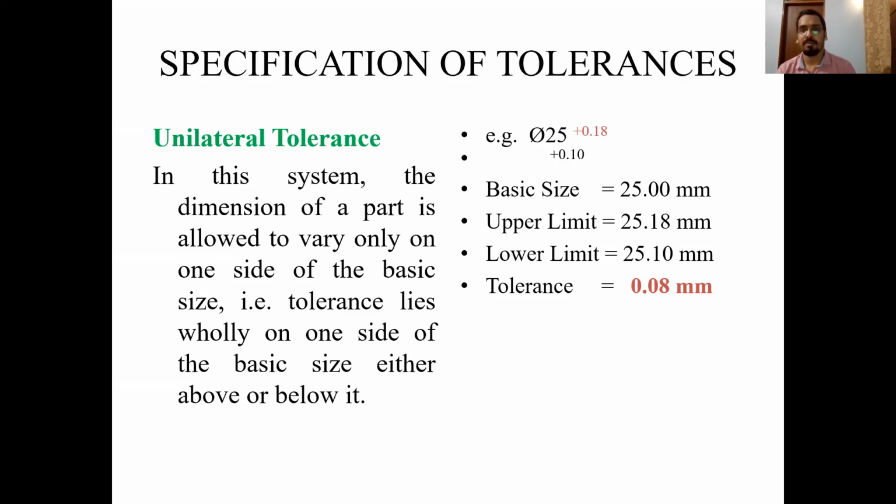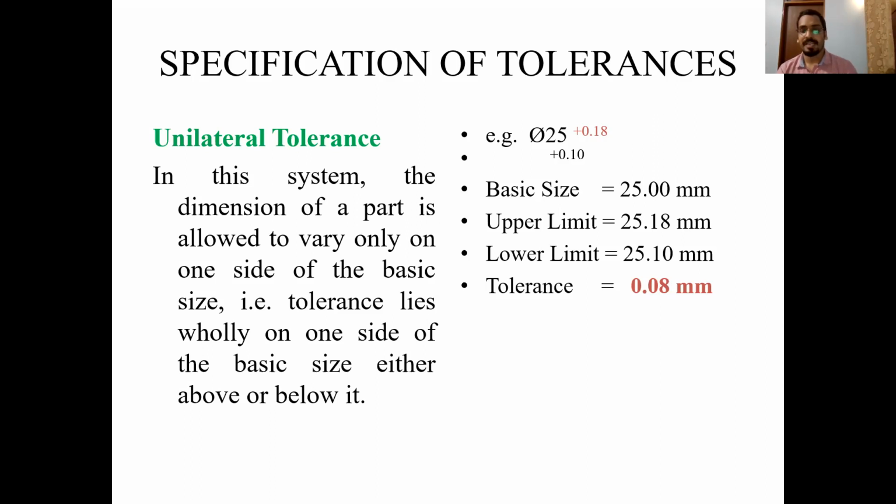This is 25.1 mm because the basic size is given as 25 and the lower tolerance is plus 0.1. So the lower limit will be 25 plus 0.1, that is 25.1 mm. And what will be the tolerance? Tolerance will be the difference between the upper limit and the lower limit, that is 25.18 minus 25.1 mm, and that will be 0.08 mm.